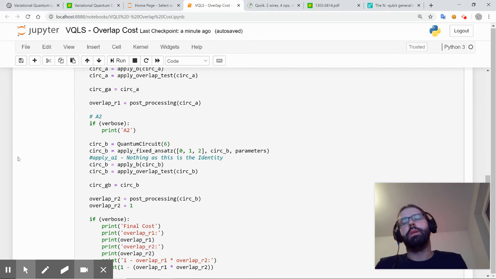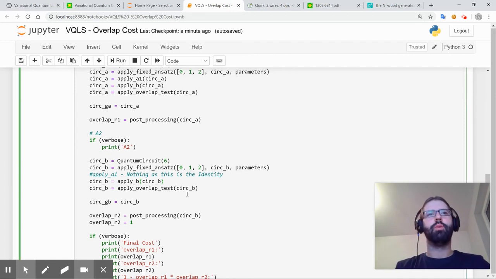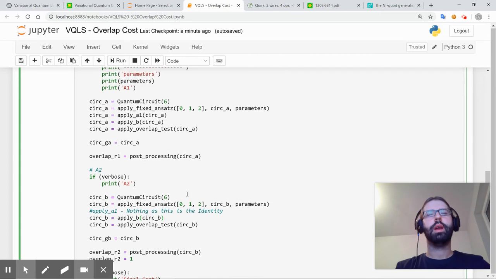Maybe that's the idea. Maybe if it's nothing, then I shouldn't count it. Okay, it's something wrong with how I'm combining the two overlap results.